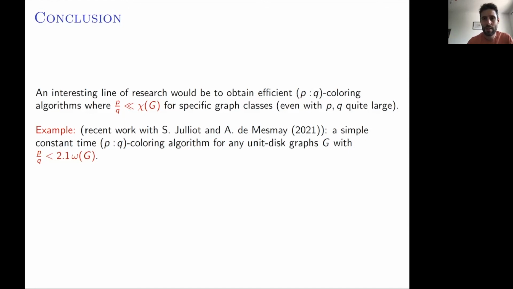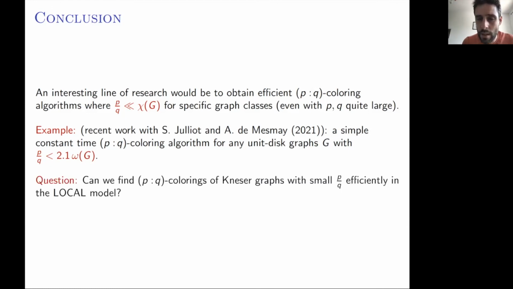So can we find algorithms where this P over Q is really better than chi, without making horrible things? Okay, so final question. We saw these examples of graphs, Kneser graphs, that have very small fractional chromatic number but very large chromatic number.